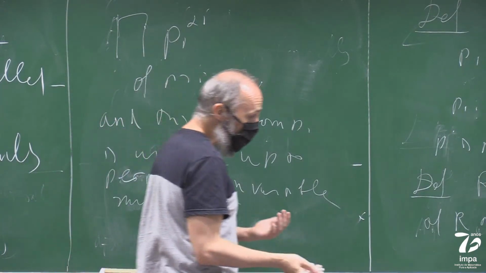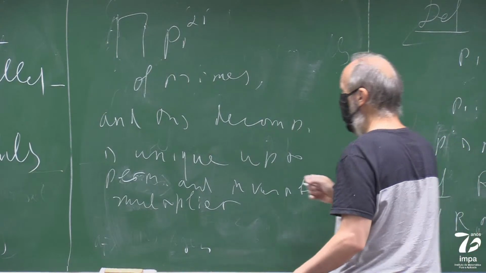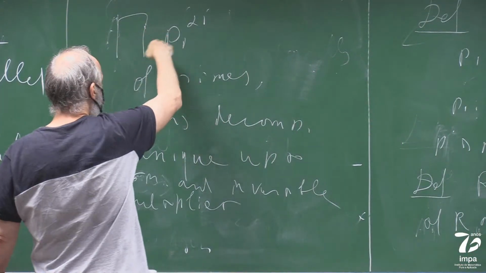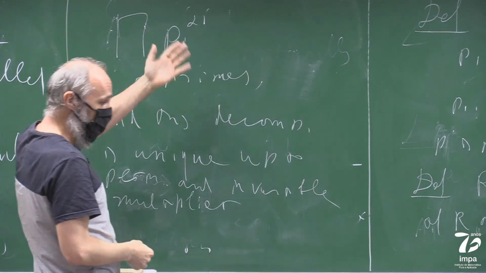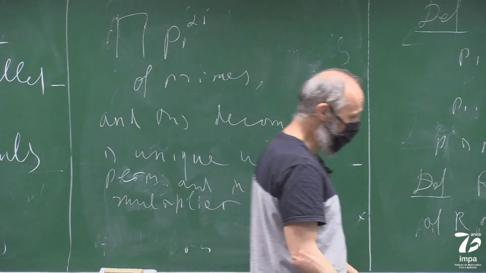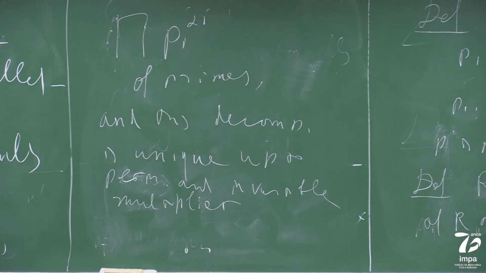In integers, only minus one is invertible, so this means that you can write primes, but you can switch p_i by minus p_i freely as long as the product works.